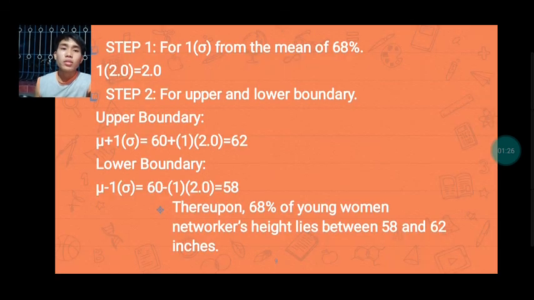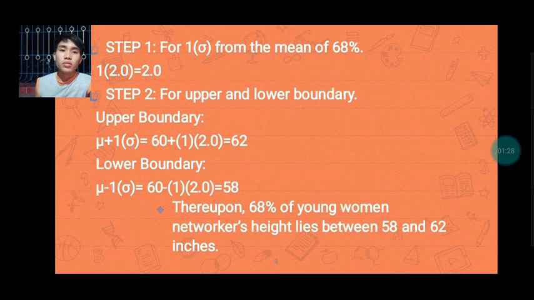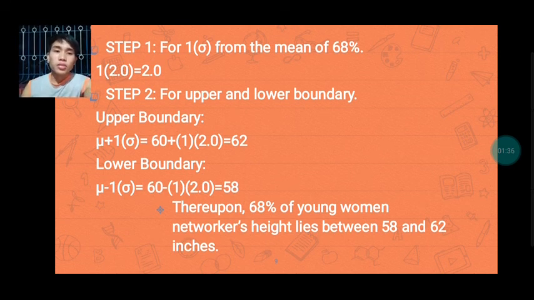Solution, step 1, for the mean of 68%. Step 2, upper boundary is 62 and lower boundary is 58. Therefore, 68% of young women net workers' height lies between 58 and 62 inches.